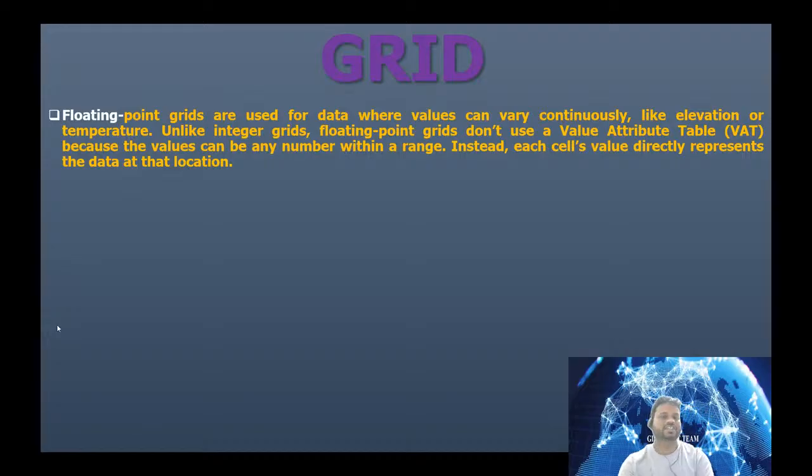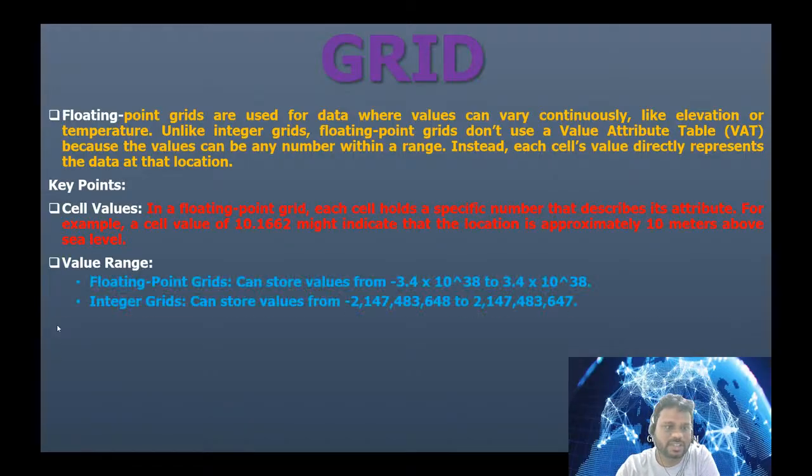Unlike integer grids, floating point grids don't use a value attribute table. When you use QGIS and make an attribute table, this will be more clear. So I'm skipping this here.